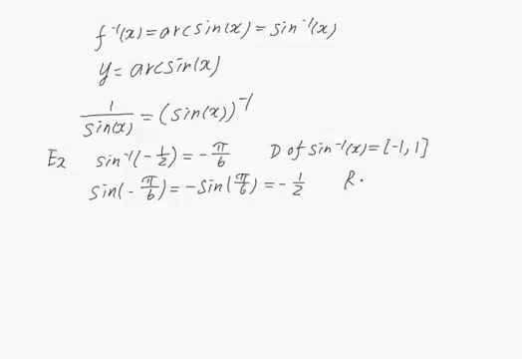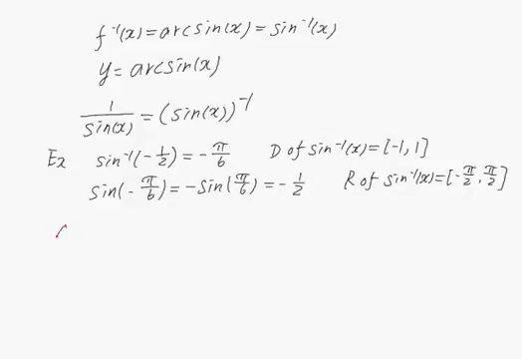And the range of this sine inverse is from negative 1/2 pi to 1/2 pi. So now this negative pi over 6 is the angle whose sine is equal to negative 1/2, and this angle is also in the range of the inverse sine. So that is the angle of the inverse sine of negative 1/2.